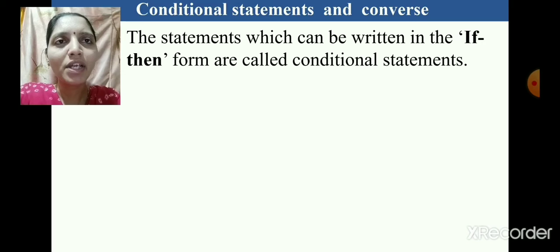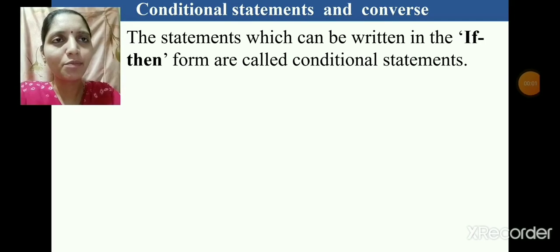So what is the meaning of conditional statements and its converse? We have seen the definition for the conditional statement. What was it? Yes, the statements which can be written in the if-then form are called conditional statements. Now this statement can be divided into two parts.